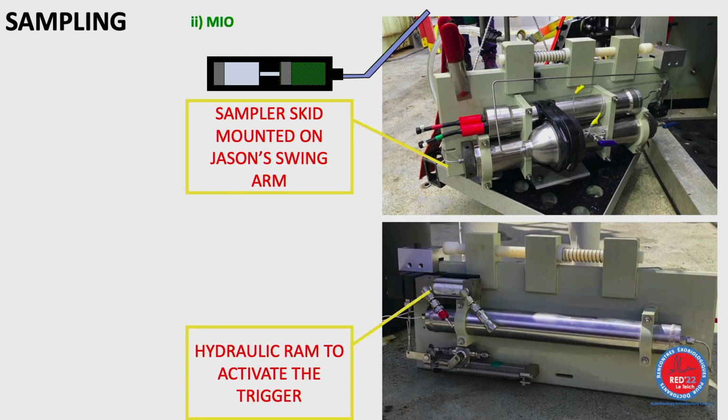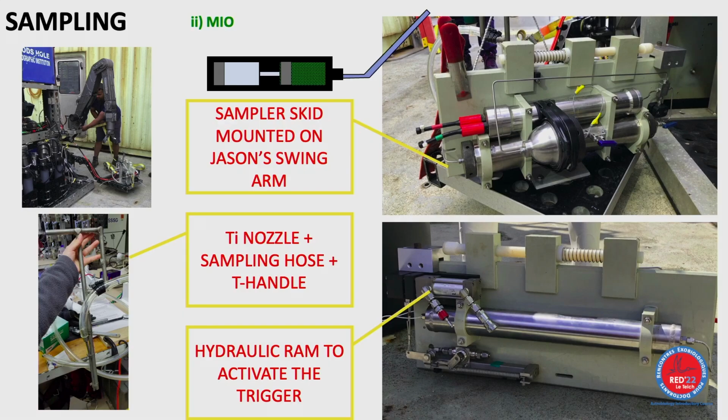And we put a hydraulic ram to activate the trigger when we were ready to sample. We also adapted a titanium nozzle with a sampling hose and a T-handle for JASON to be able to go to the fluids. So it was a really technical and challenging process, but we were happy that it worked pretty well.